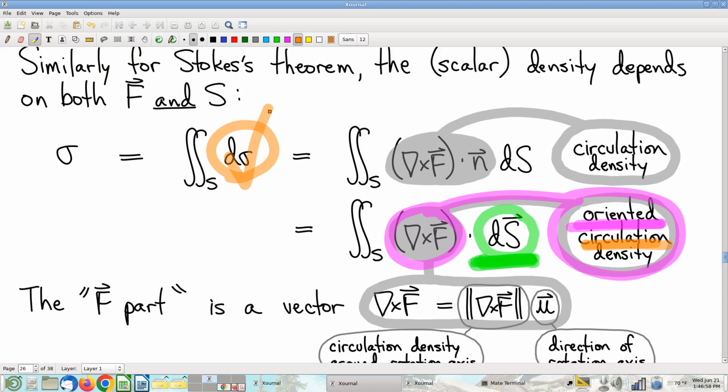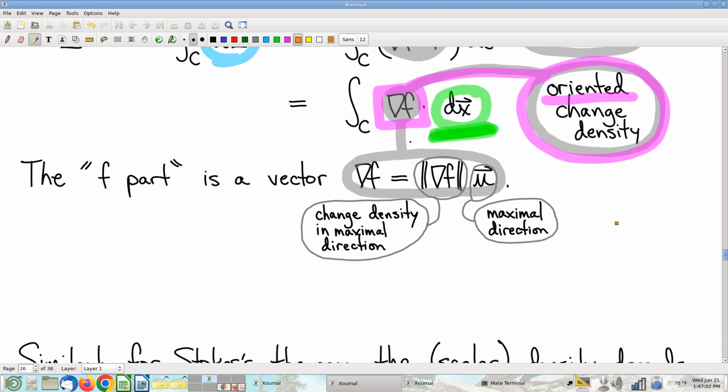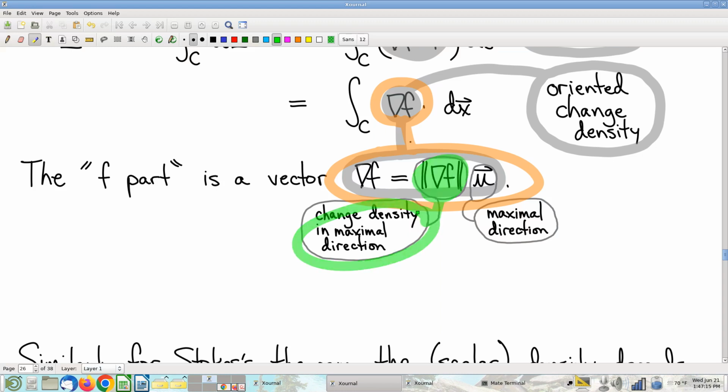It's just that it's an oriented density, in the same way that gradient, coming back up to here, has a magnitude that's telling you how steep the mountain is or how fast the function's changing, whatever you want to call it, and a direction that's telling you which direction is uphill, which direction the function is actually increasing in.